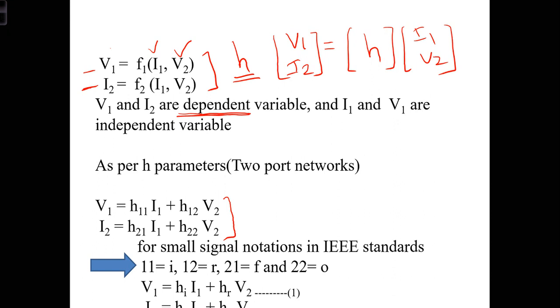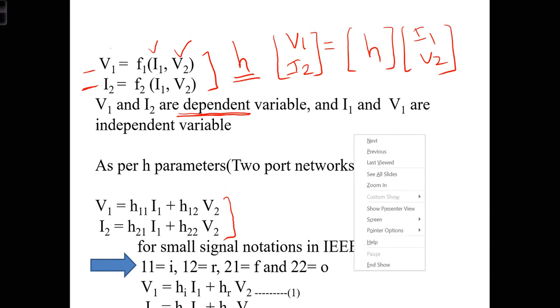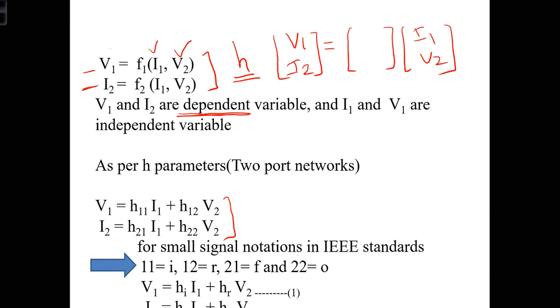Here also we write 11, 12, 21, 22, and since we are using H parameter, we write H for each. Allow me to write it in the proper way.